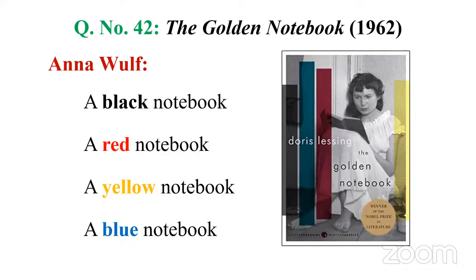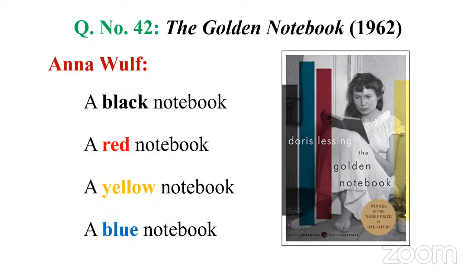So she has been keeping notes: a black notebook, a red notebook, a yellow notebook, and a blue notebook. Each of these represents something. For instance, red represents her association with political movements. Similarly, black represents her dark thoughts and depression.